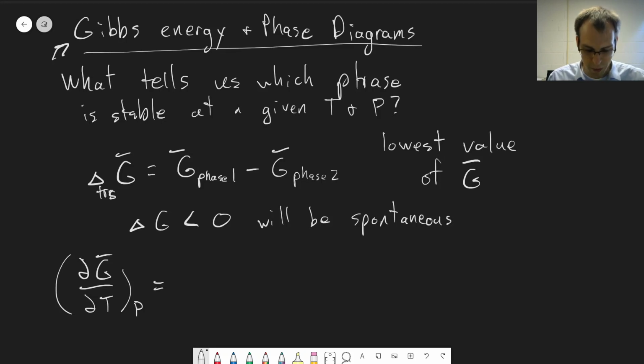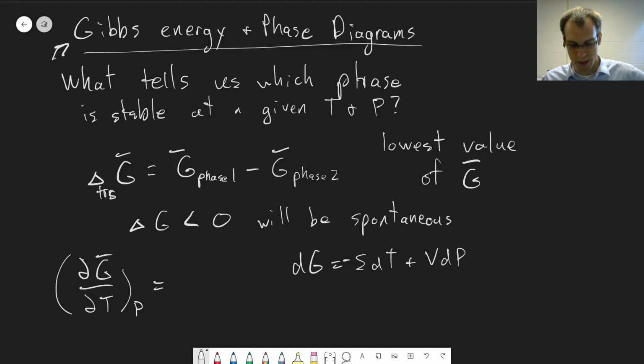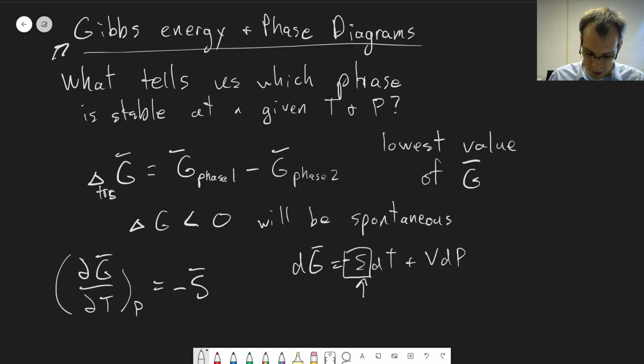Well, from the last chapter, we looked at dG equals minus SdT plus VdP. That was a formula that we derived, and so we can say that dG/dT at constant P is equal to negative S. And we'll just put everything as molar values here.